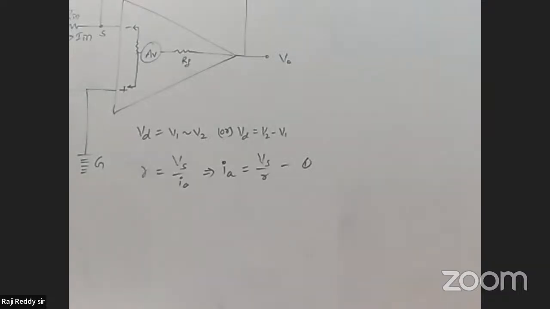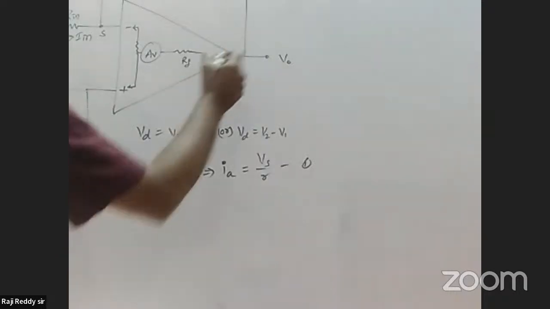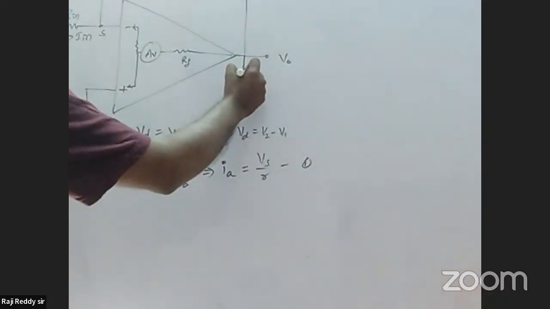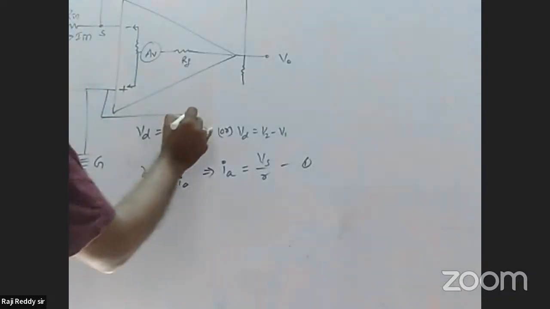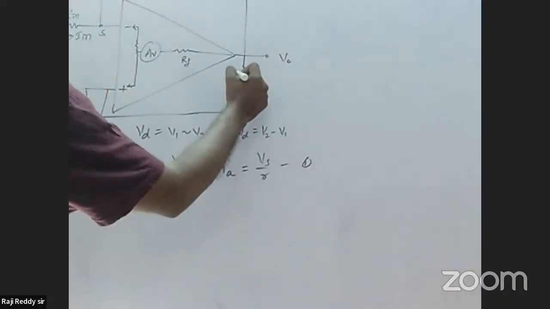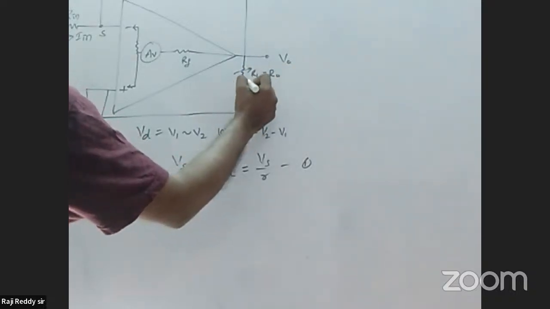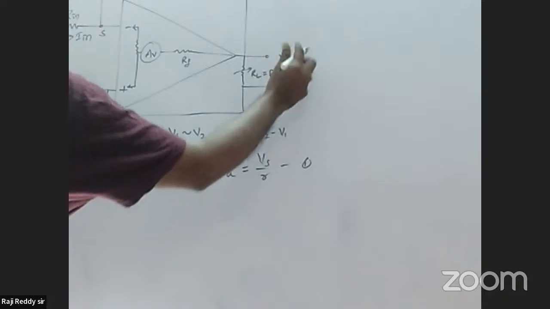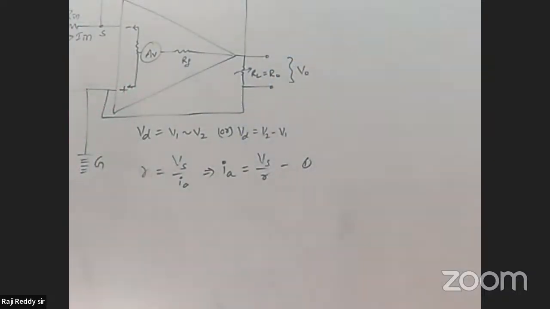Next is the output resistance. We can say the load resistance is always connected in parallel. So this terminal connected here gives RL, the load resistance, nothing but R out. The output value is across these two points; here we get V out.